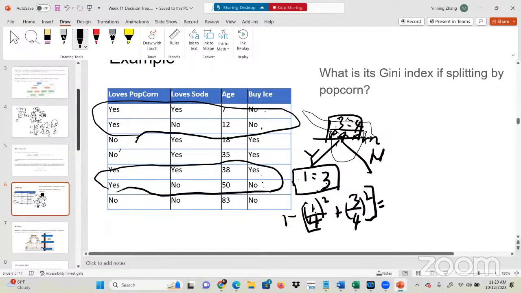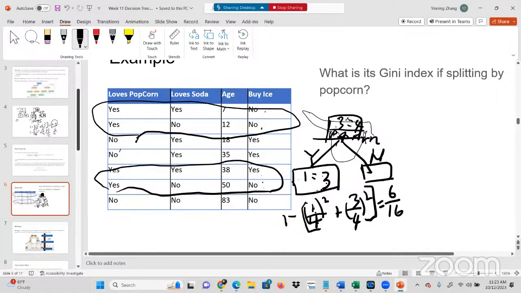So this Gini impurity is 0.375. And then you have to calculate it for both nodes, because there are 2 nodes here. So this one we calculated, and you also have to calculate this one.